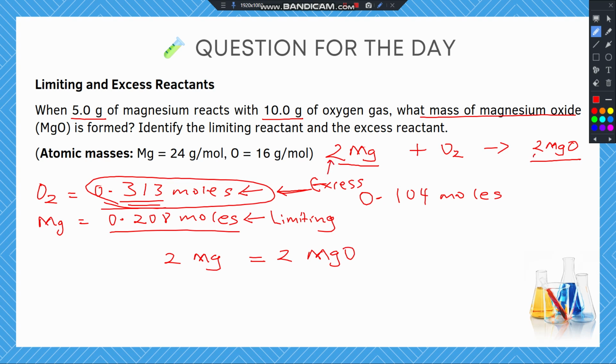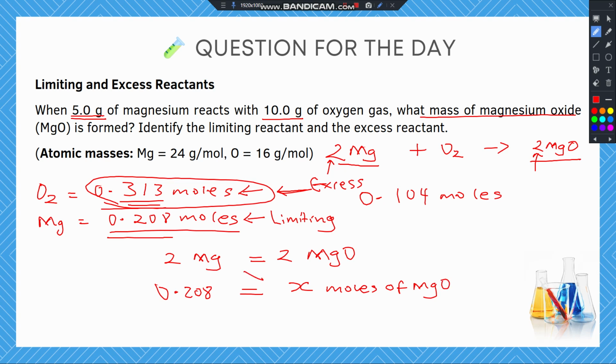The number of moles here is also 2. So therefore, the question says when 5 grams of magnesium, and we've converted that 5 grams to be 0.208 moles of magnesium. So 0.208 will now produce X moles of magnesium oxide.